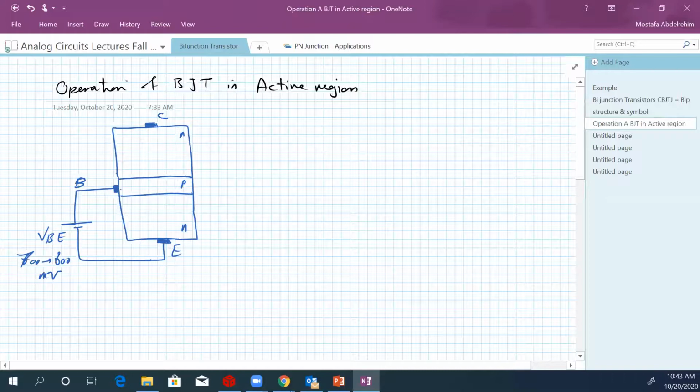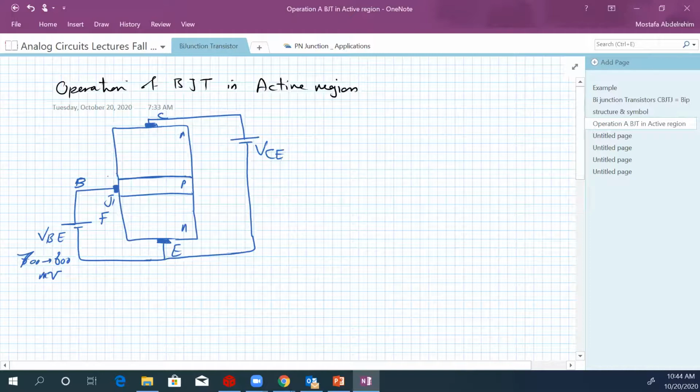And we want this junction J2 to be reverse. So J1 here will be forward for sure. Now for J2, we're going to connect a battery between the collector and the emitter in that polarity. We call it V_CE because it's between collector and emitter.